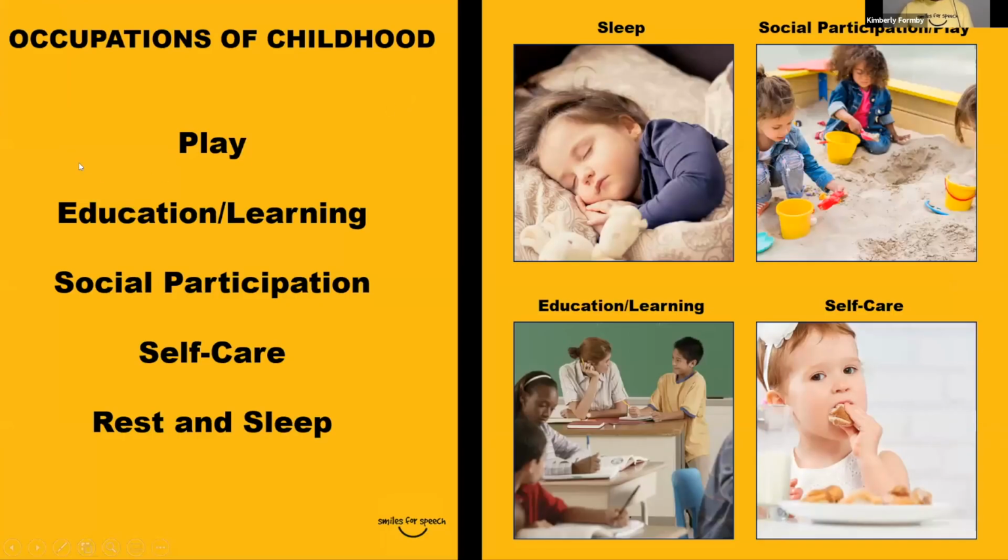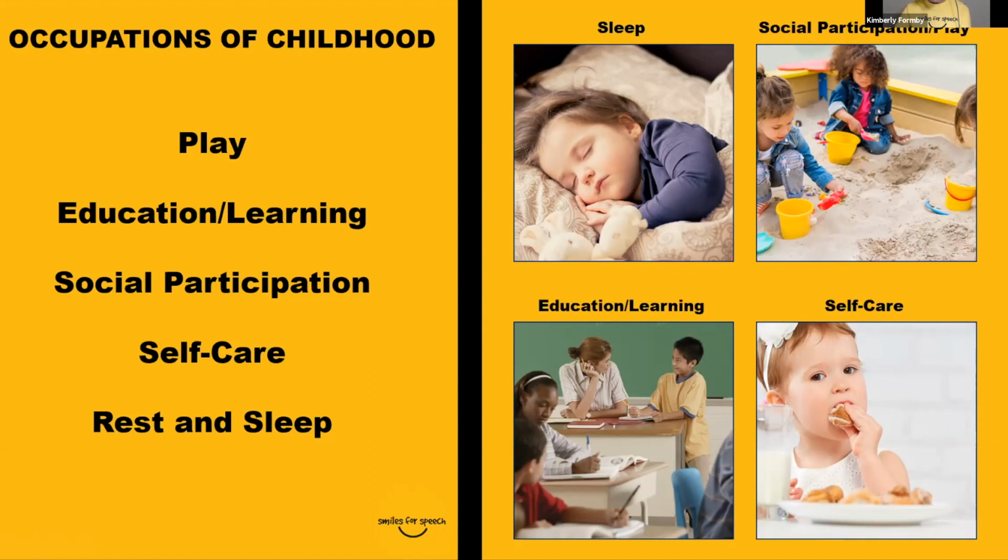So when we think about occupations, I just gave you an example of occupations from my life as an adult. So how does all this apply to children? Well, the primary occupations for children include play, education and learning, social participation, self-care, and rest and sleep.